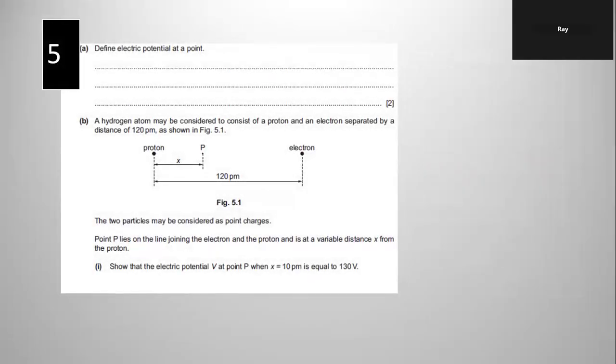Define electric potential at a point. How will you define it?